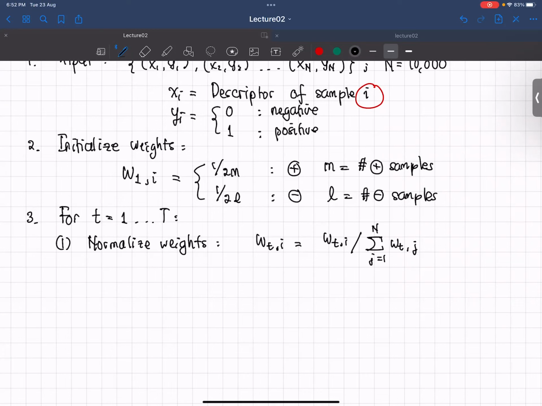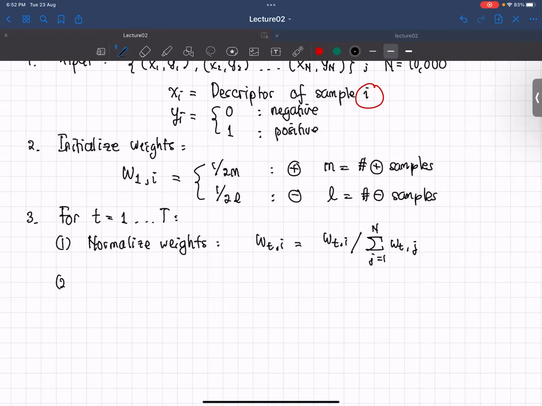So for every sample, you normalize with the sum of all the weights. In the end of the day, the sum of w_t,i is always equal to 1. Okay, so we normalize the weights.